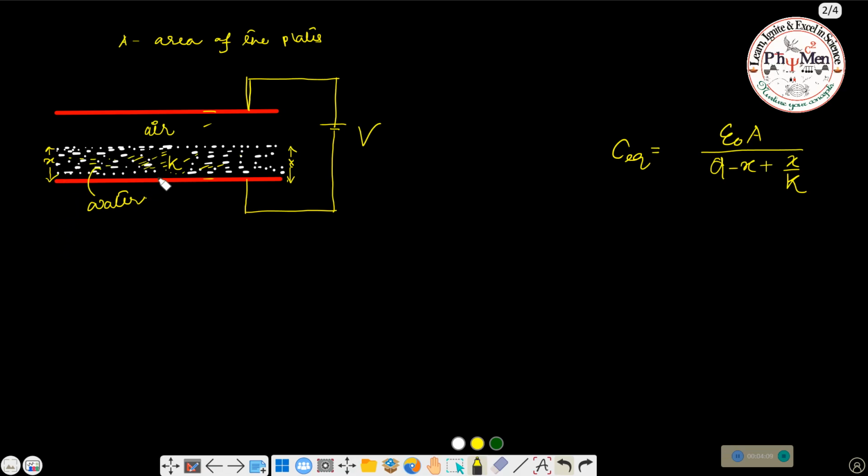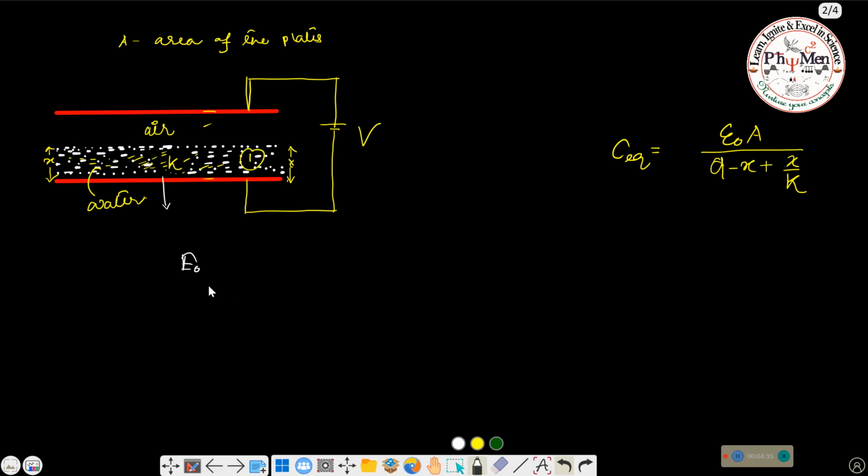You see, there is a constant potential source. This is K. Let me take this as the first gap. In the first gap, the electric field in air is E0.